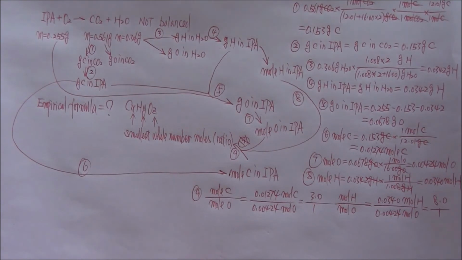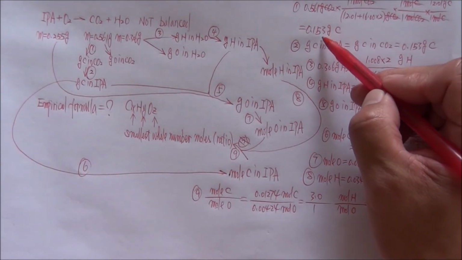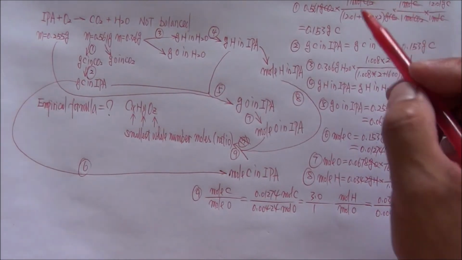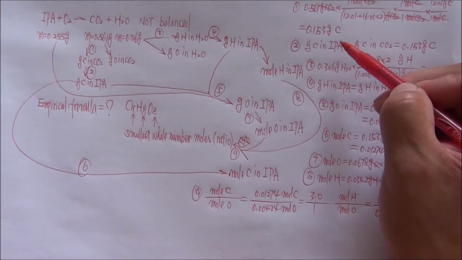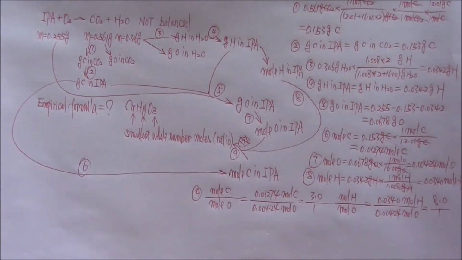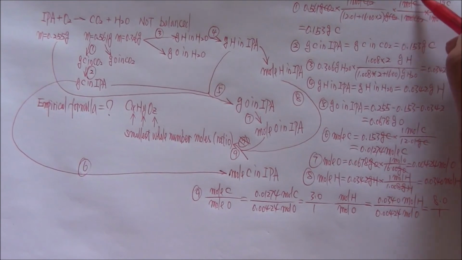You may have already noticed I calculate the mass of carbon and calculate the mass of hydrogen in a slightly different way. When I calculate the gram of carbon, I first convert to the moles of carbon dioxide, then convert to the moles of carbon, and then to the mass of carbon.